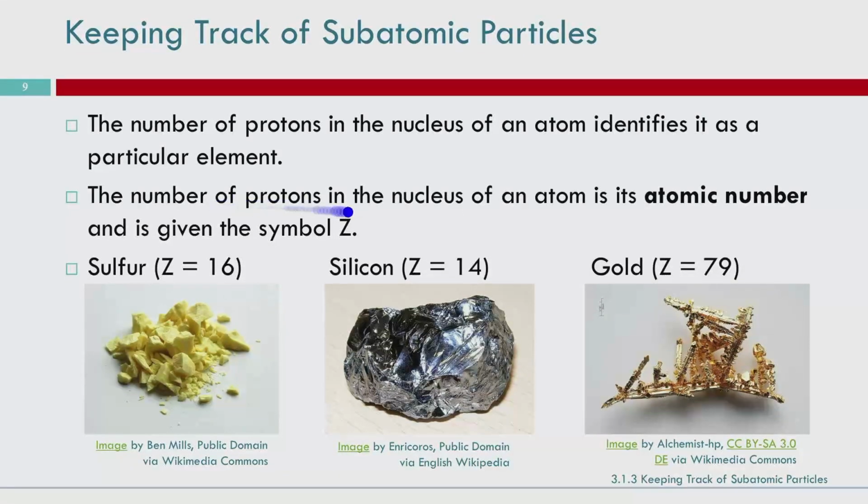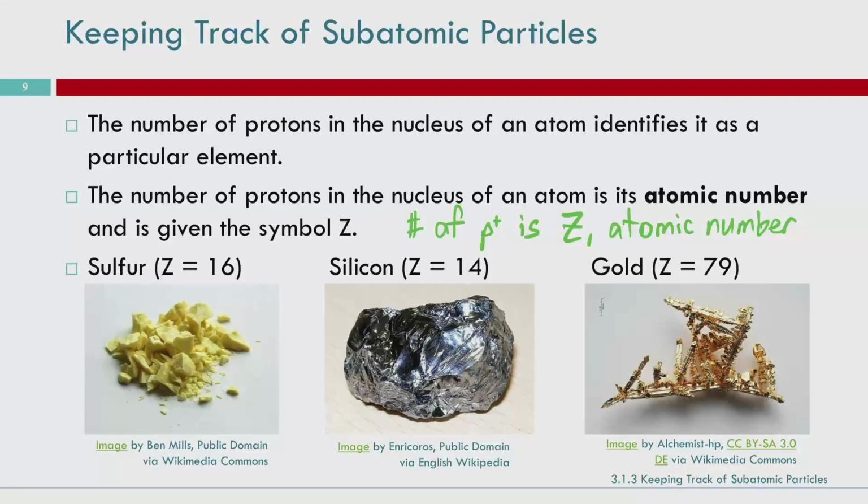So the number of protons in the nucleus of the atom, again, that's the tiny little core at the center of it, that number is the atomic number. So the number of protons, P+, is Z, atomic number. And this is important because the number of protons is how we define an element.